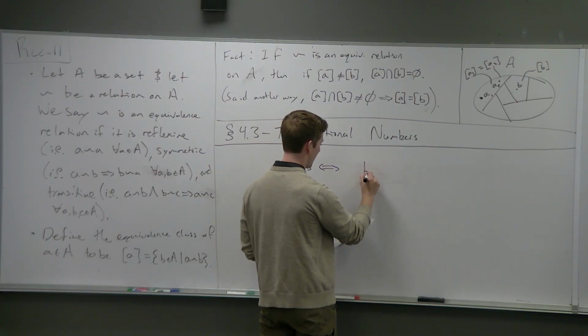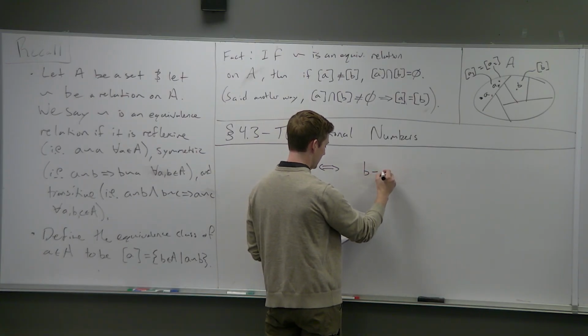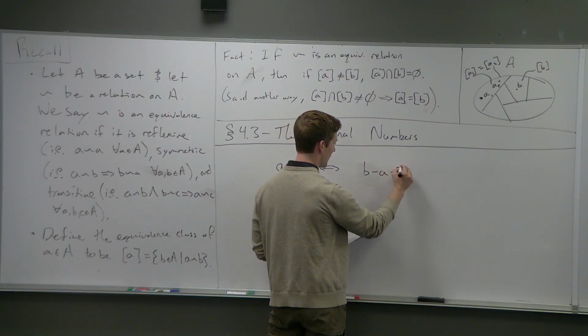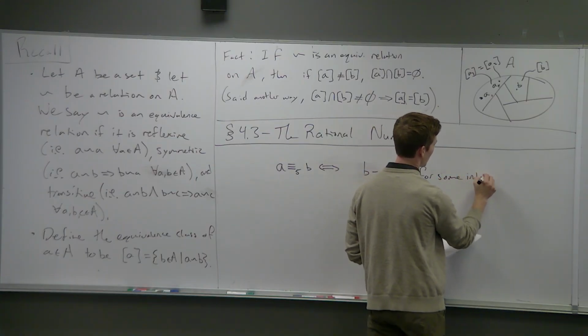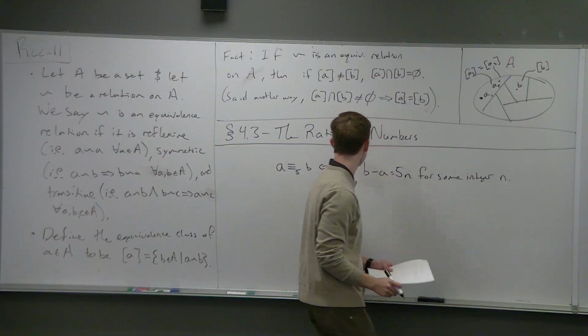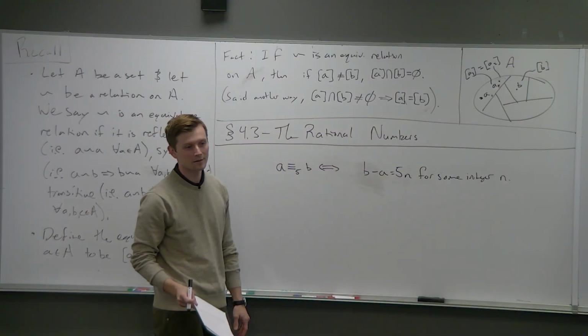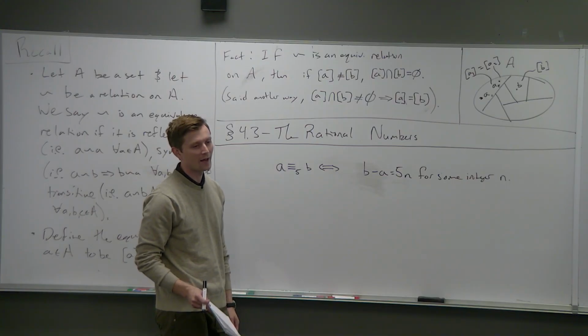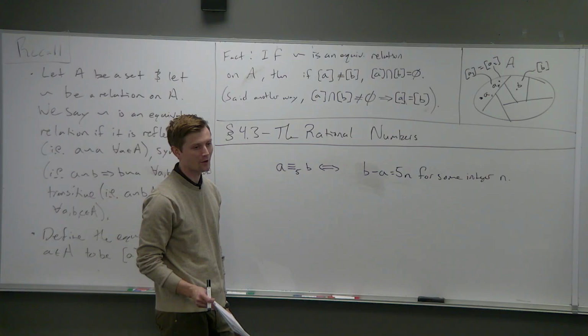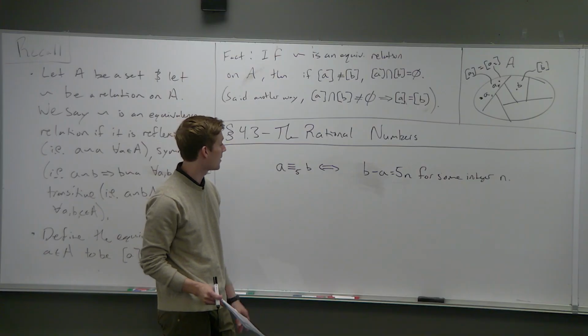So this would be if b minus a equals 5n for some integer n. So if we wrote it like this, b minus a is equal to some multiple of 5, and use that as our equivalence relation. You can verify that it is indeed an equivalence relation.